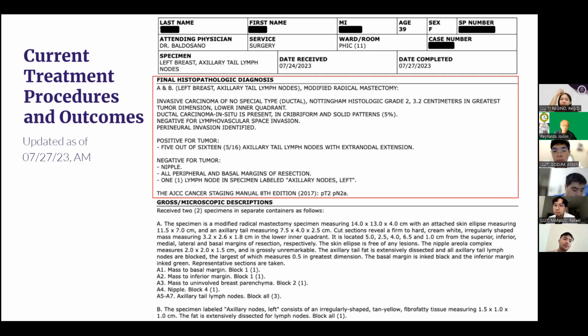Small discussion here. Which one do you rely on, the operative records or the histopath records? Histopath po. Okay. Usually histopath ang final. But the surgeon who operated on this patient should be the one to check the accuracy of the histopath report. Kadalasan hindi nangyayari din yon, lalo na sa training hospital.